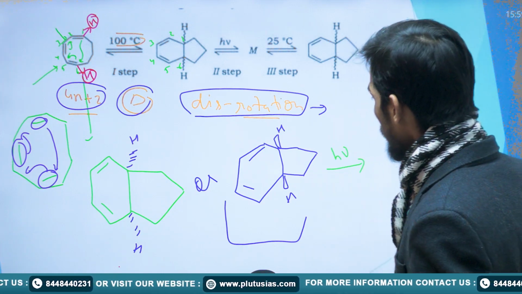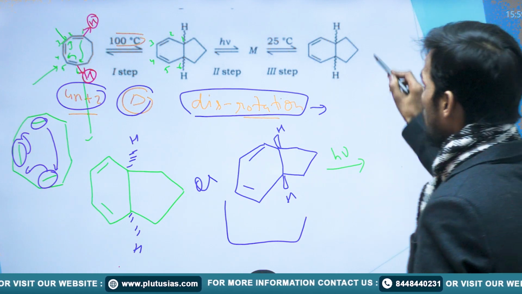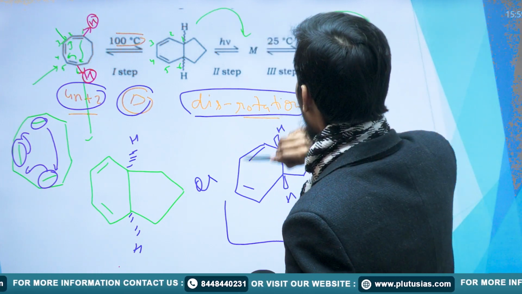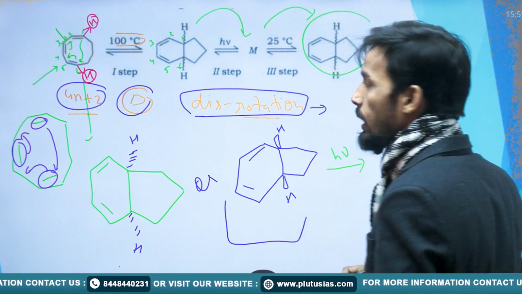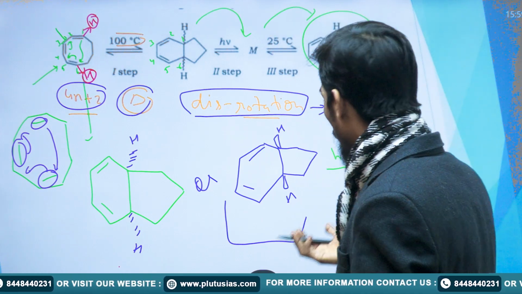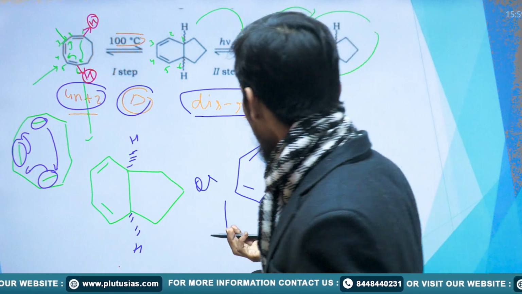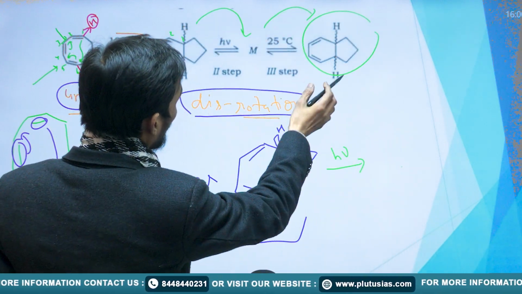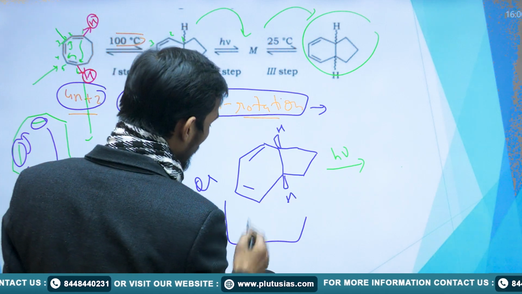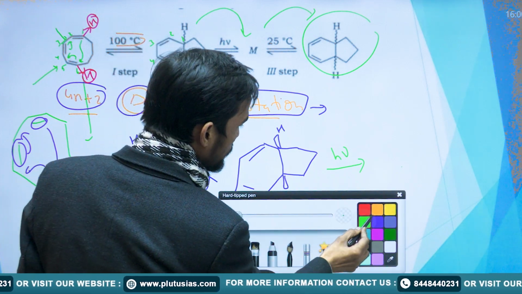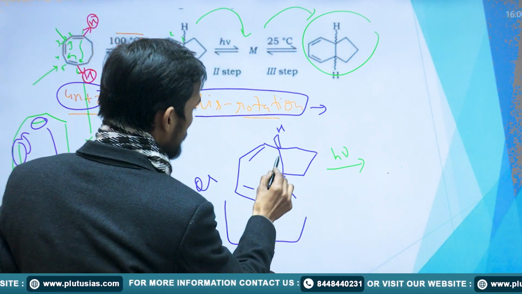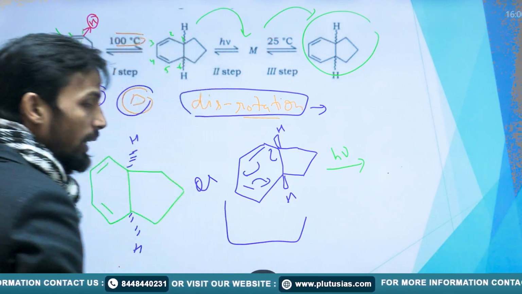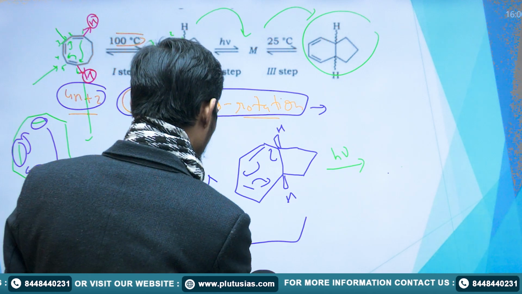What we are expecting is again ring closing, from here to here something is happening, and after that again ring closing. That is only possible when at this step ring opening is going to take place, like this. Ring opening is going to take place like this.